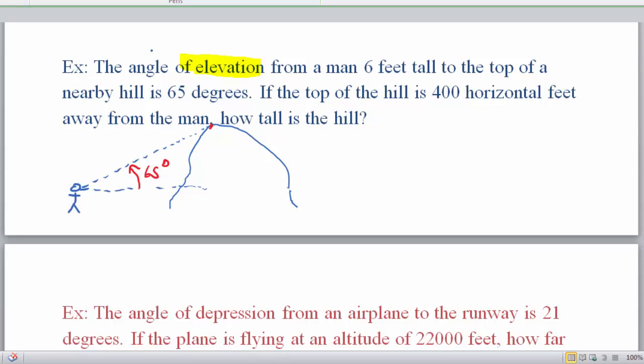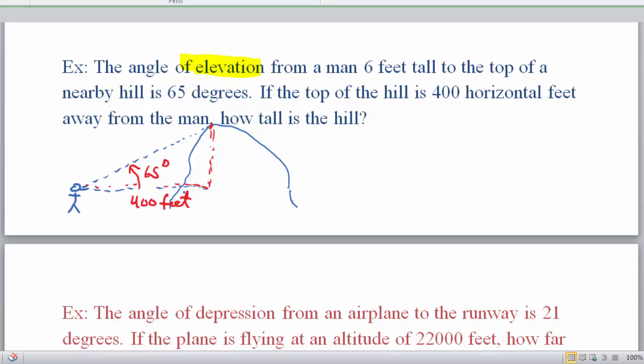What that tells us is that you're forming a right triangle. That's what we've been dealing with here, right triangles. So you form a right triangle like this with a horizontal distance. This horizontal line here would be 400 feet.